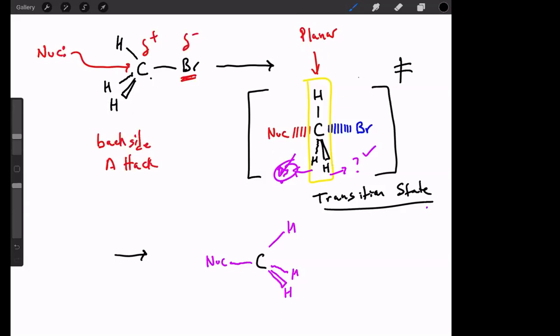It'll involve a partial bond of the leaving group leaving, and so that bond is breaking, and it involves a partial bond of the nucleophile attacking and becoming attached, so that bond is forming. The atoms that are in the middle, in the plane, are not having bonds breaking or forming, and so they're sort of just getting out of the way and letting all this stuff happen.